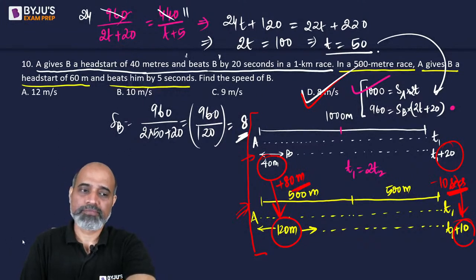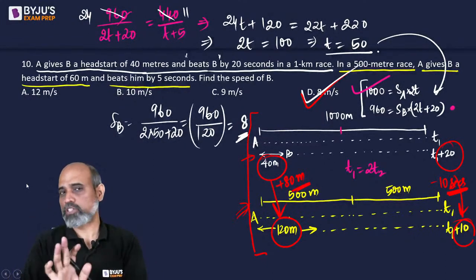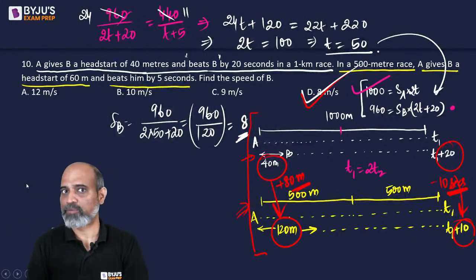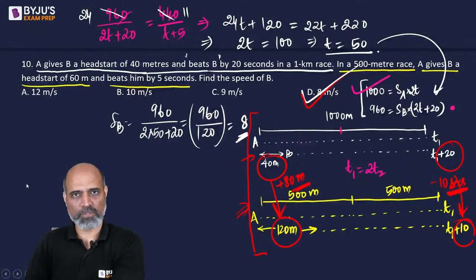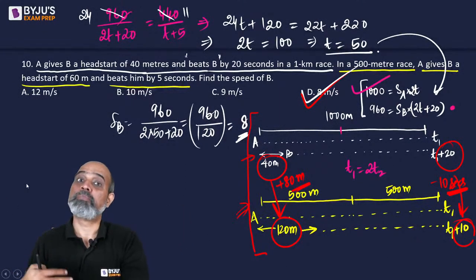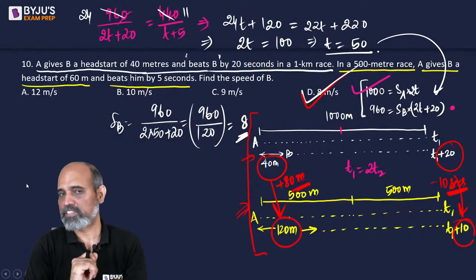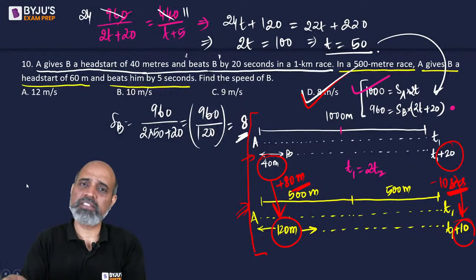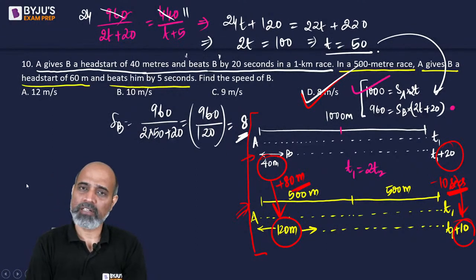How simple has it become, no? No equation, no variable, nothing. Even that T1 was written to explain to you because we started with T1 so you had an idea what T1 is. I'm saying A covers a certain time, B covers that time plus 20 in the first case and later plus 10. So 10 seconds time difference, the distance difference is 80, speed will come out because this is about B only, no? B only is covering 80 meters more and taking 10 seconds less.